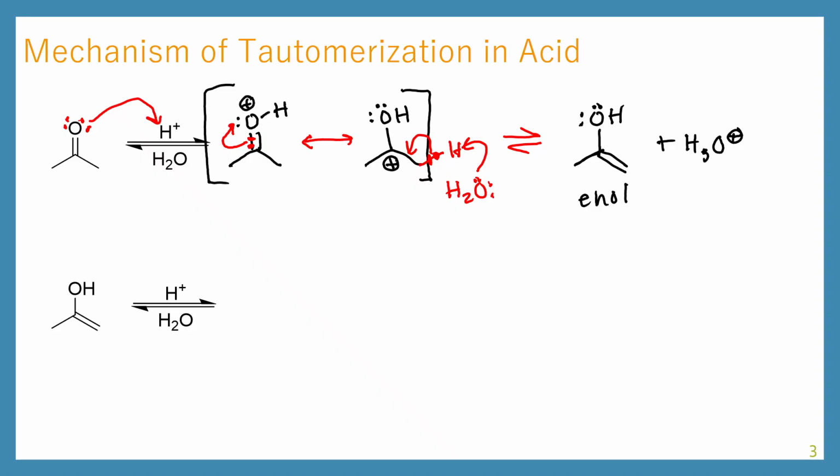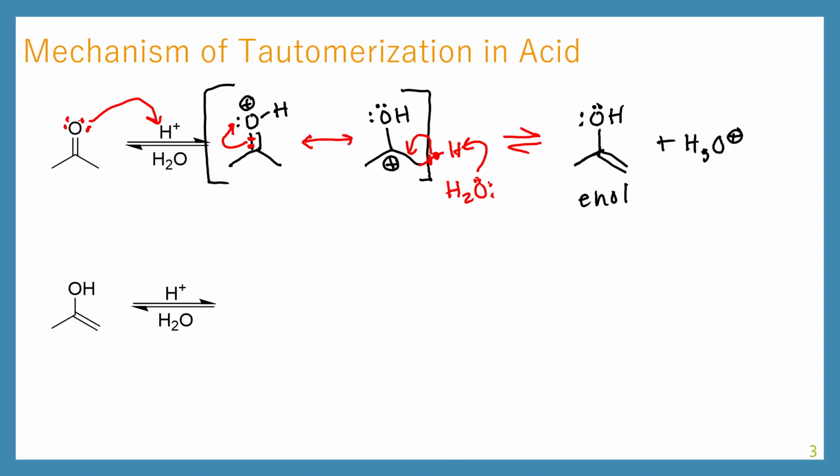Now, to go the opposite direction from enol to keto form, we just have to do everything we just did, but in reverse. That's kind of the beauty of equilibrium, is that if the reaction goes forward, then it also goes backward. And those steps are always going to be just the exact opposites of each other.